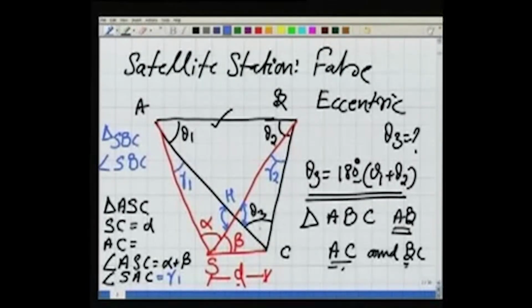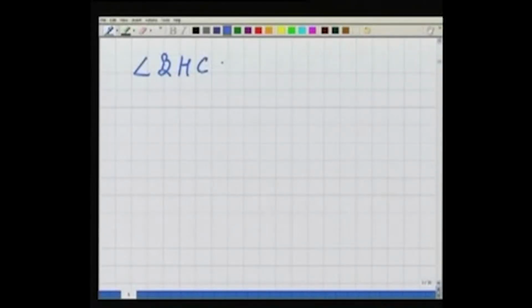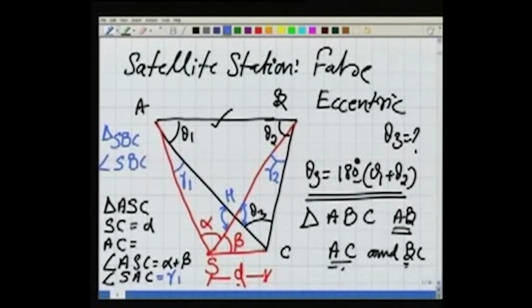If I go to the second slide, I can write angle B, H, C as 180 minus alpha plus gamma 1. You can check whether we are writing the correct thing or not, because this angle AHS is 180 minus alpha plus gamma 1. So similarly this angle also.